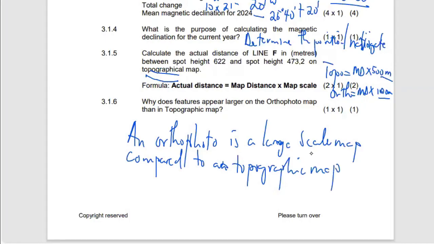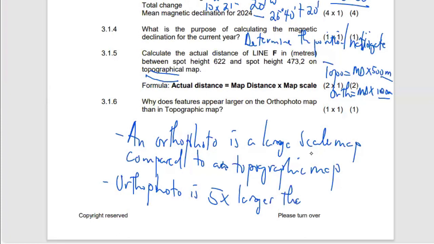To be specific, we say the orthophoto is 5 times larger than the topographic. So the issue is about scale here. What makes objects look bigger on the orthophoto is the scale. The orthophoto is a large scale map, which means items are enlarged 5 times more than how they appear on the topographic map.